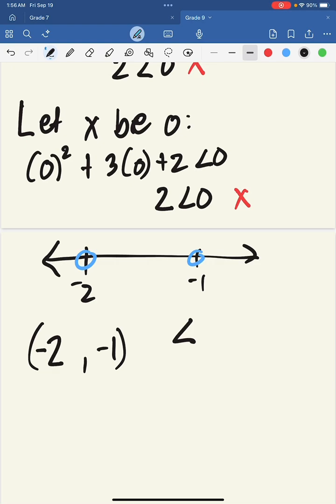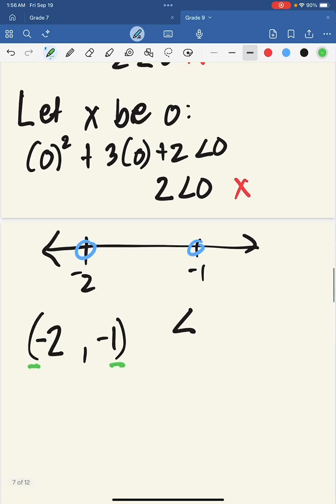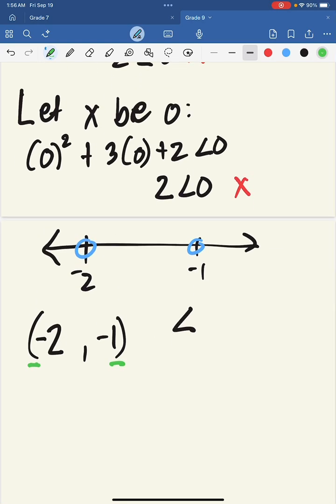Okay, so we have it here. Open and close parenthesis only means that the numbers will not touch negative 2 or will exclude negative 2, as with the negative 1. It will not touch or include negative 1.